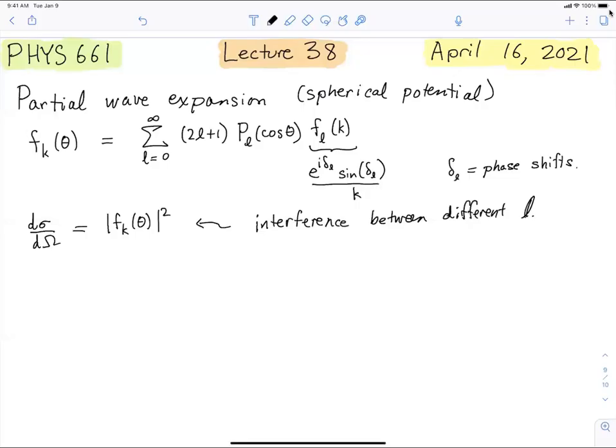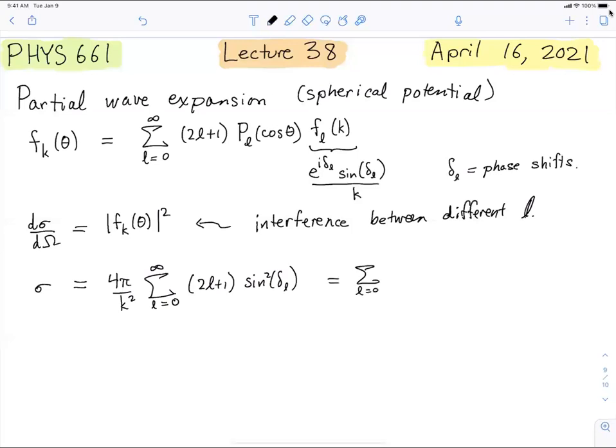But then last time, the thing we did is we integrated this and we got an answer that looked like the following: 4 pi over k squared, sum over L's, 2L plus 1 times sine squared delta L, which you can rewrite as just a sum over L's of whatever those numbers are, sigma L's.